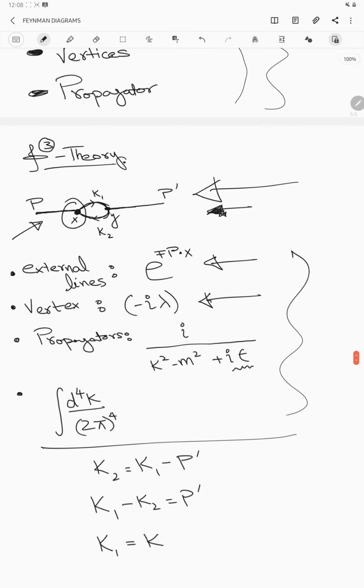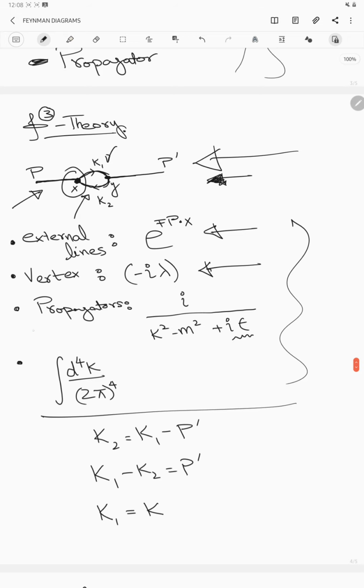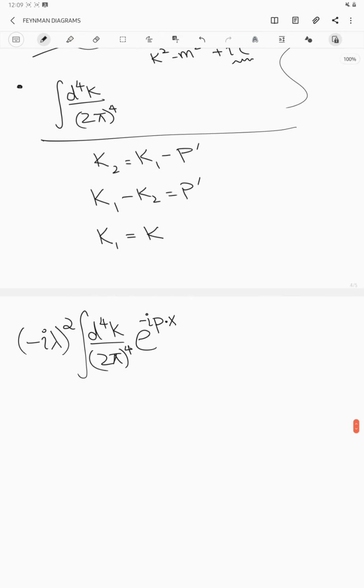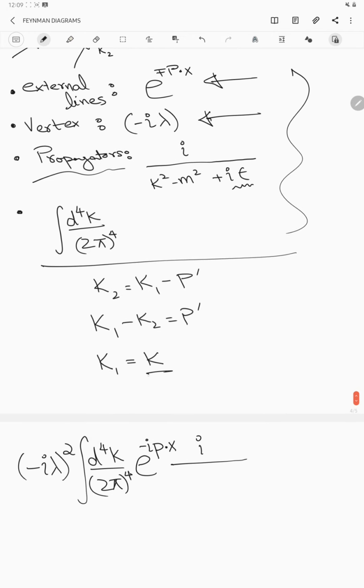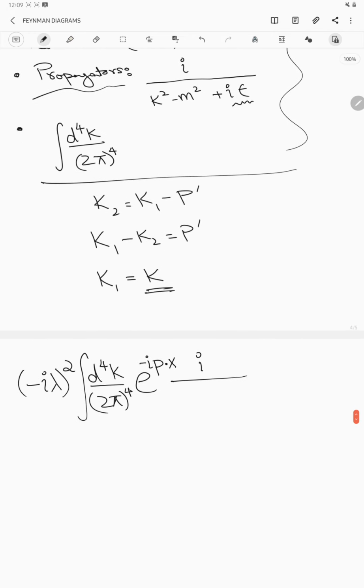Now let's go back to the diagram. We have these two internal lines, or these two propagators. Considering this is what we have for propagators in a scalar field theory, for this internal line k1, which I said is just equal to k, I would have iota over k squared minus m squared plus iota epsilon.